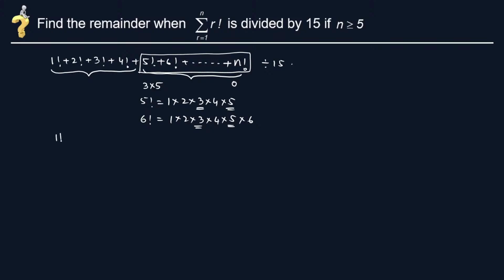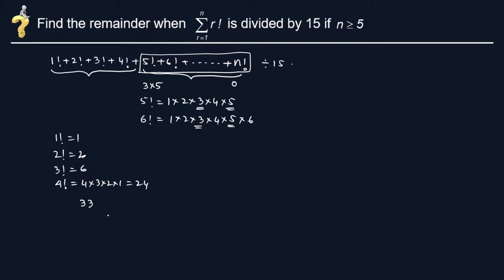So what is factorial 1? It's 1. Factorial 2 is 2. Factorial 3 is 3 into 2, that is 6. Factorial 4 is 4 into 3 into 2 into 1, that gives us 24. So if you add up, 1 plus 2 plus 6 plus 24 gives us 33.